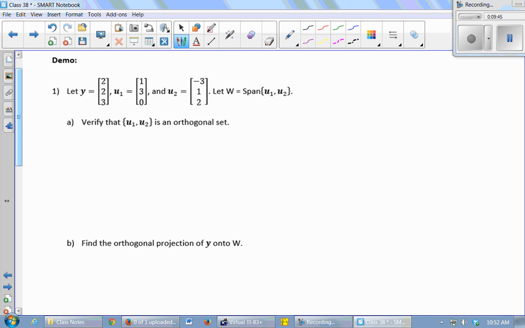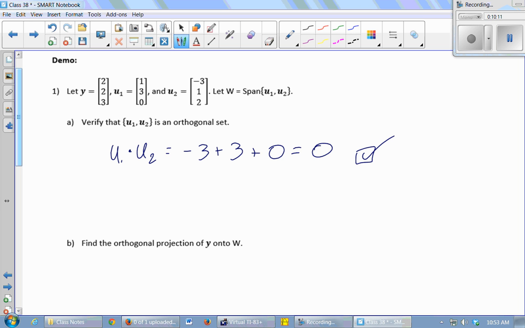Because all of the things we just talked about in the notes only apply if your basis of W is orthogonal. So U1 dotted with U2 is -3 plus 3 plus 0, which is 0. So that's how we show that we have an orthogonal set.